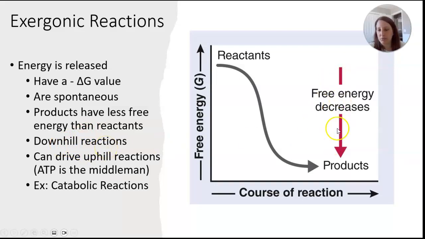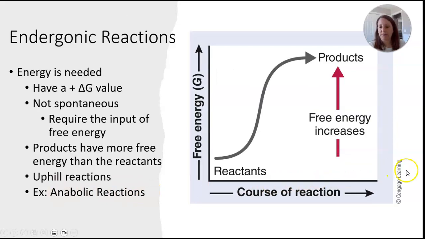The energy that is released can be used to drive uphill reactions. This decrease in free energy means that energy gets released, and that is used to make ATP. An example of an exergonic reaction would be a catabolic reaction, like cellular respiration. That's a great example of an exergonic reaction.